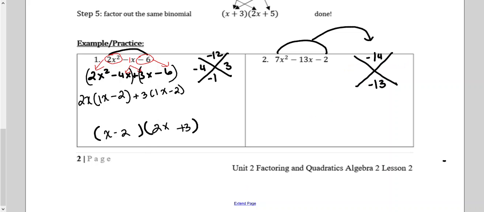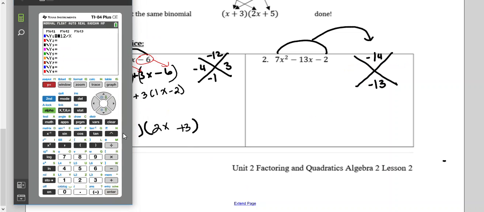I'm going to go to my calculator, go to y equals, you have negative 14 divided by x, and then I'm going to go to my table. I'm looking for negative 13, meaning they have to add up. Negative 2 plus 7, that's positive 5.